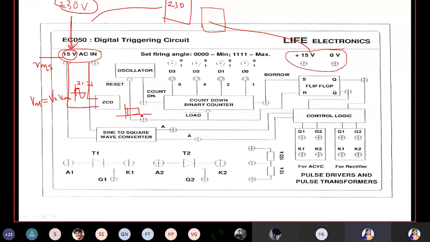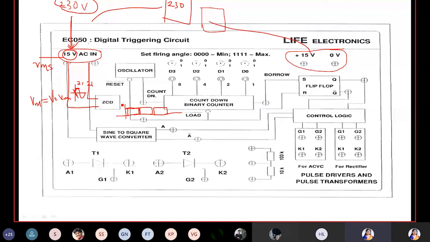Then again it should detect. So the zero crossing detector output will be getting pulses like this. Whenever it crosses 0 towards positive side, it will produce a pulse. Once again, when it crosses 0 going towards negative cycle, it will detect and produce a pulse.